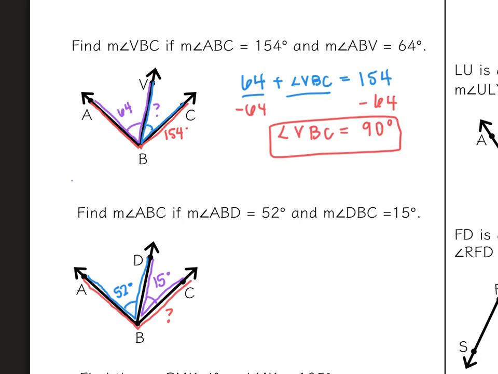So we're going to take part 1, which is 52, plus part 2, and that is going to equal our whole thing, which is angle ABC. So that is 67 degrees for ABC.